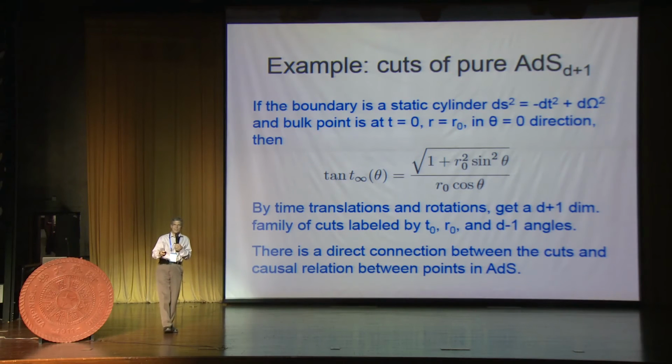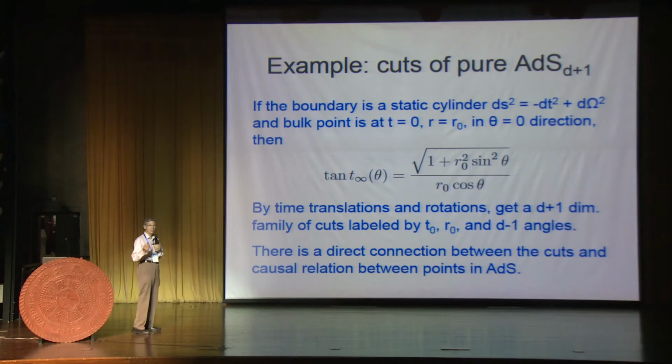That's what you expect because, by spherical symmetry, if you're at the origin, your cut is going to be at constant t, and it takes a coordinate time pi over 2 to get from the origin out to infinity in pure AdS. The other limit, when r naught goes to infinity, the right-hand side just becomes the tangent of theta, and so this says that the cut is just t equal to theta. That's the light cone on the boundary, and that's what happens to the cut when you go all the way out to infinity.